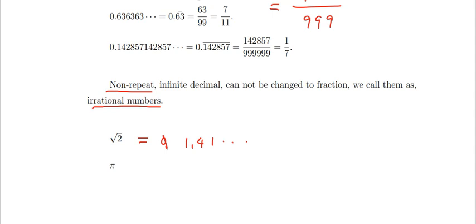And pi does not repeat, like 3.1, not repeat. Okay, so if it repeats, we can change it to a fraction. Like radical 2, we cannot change radical 2 to a fraction.